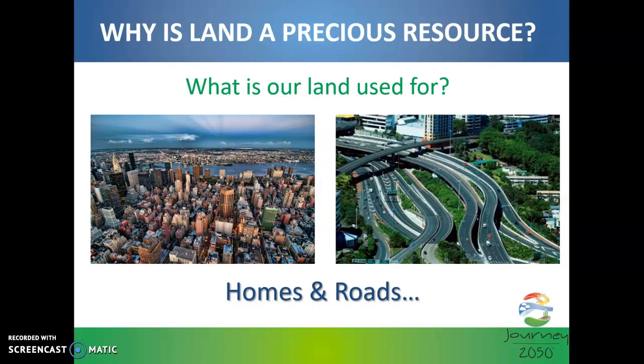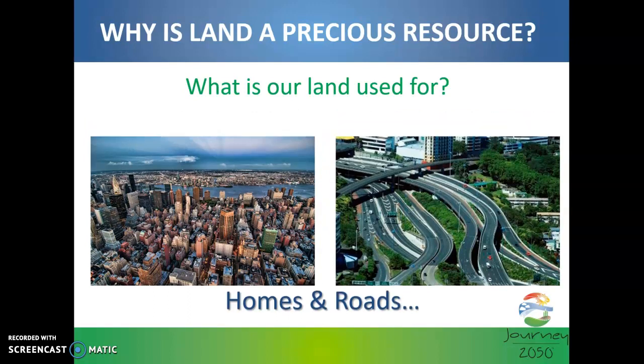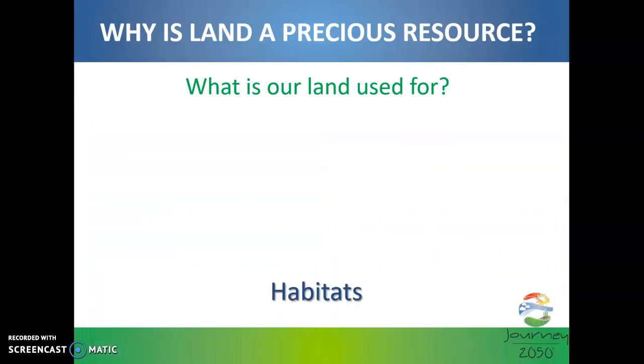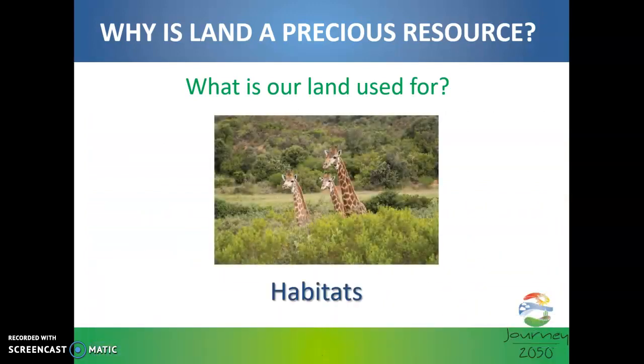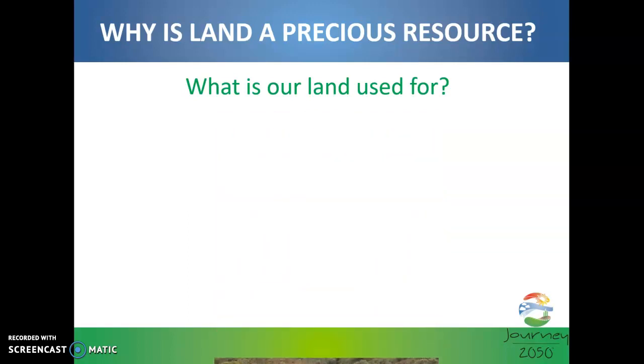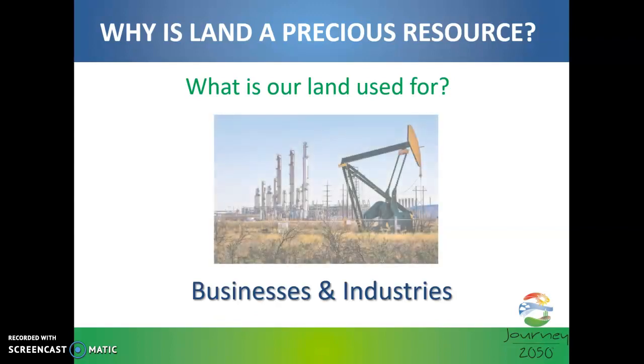We use it for the businesses that we support, the stores that we go to. Wildlife rely on it for their home, for their habitat as well. We utilize it for our businesses and our industries that provide us the goods and services that we need or want.